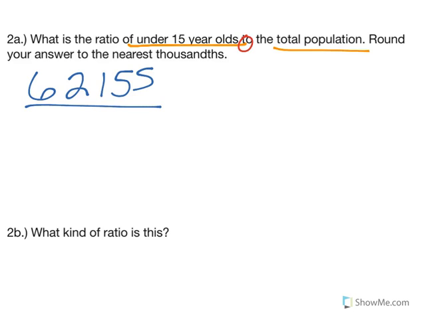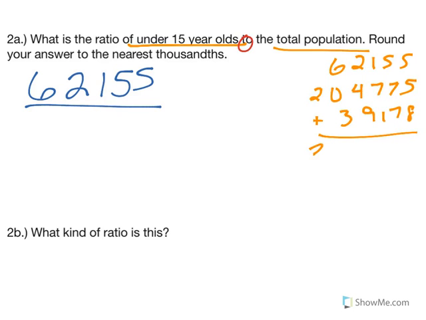We found each chunk. So if I add my children, my working class, the 15 to 64, and then my 65 and over, I get a total of 306,108. So my total would be 306,108.